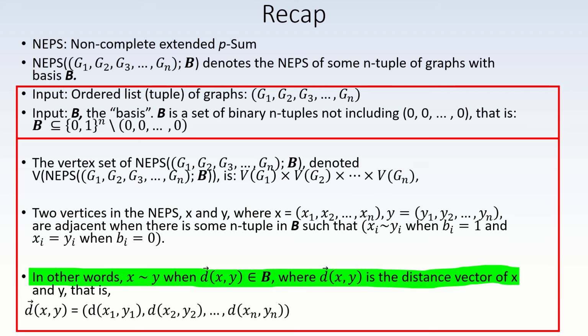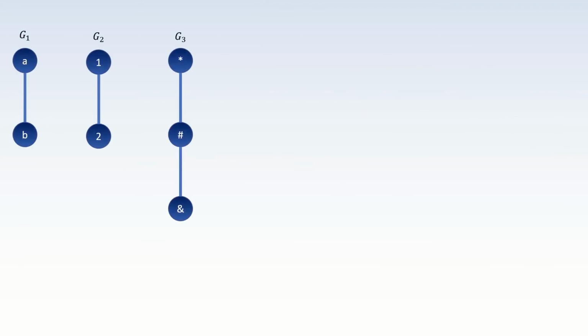Now let's work through two examples. Suppose we have three graphs, G1, G2, and G3, with vertices in the first graph labeled with letters, vertices in the second graph labeled with numbers, and vertices in the third graph labeled with special characters. These are the same graphs we used before, in our first illustrative example, but this time they're in a different order and with different labelings.